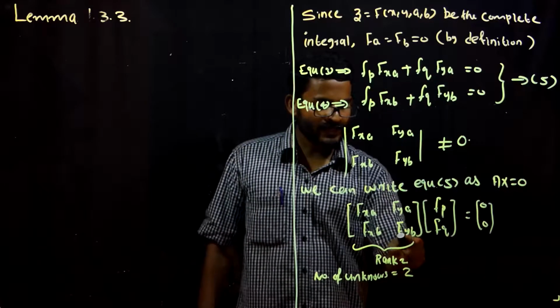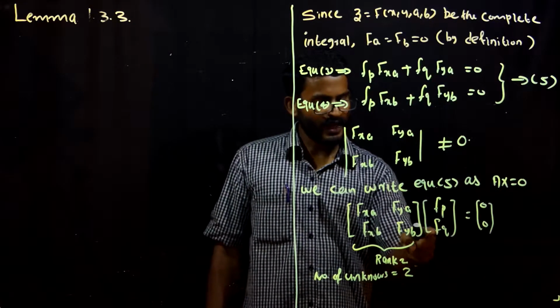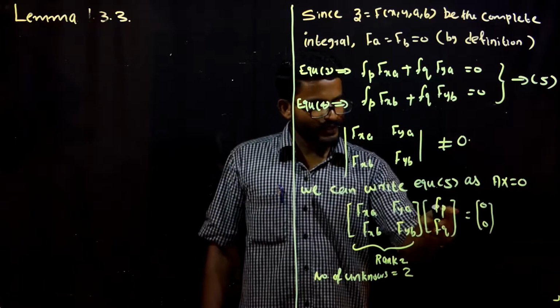We have this matrix with rank 2 and the number of unknowns equal to 2.